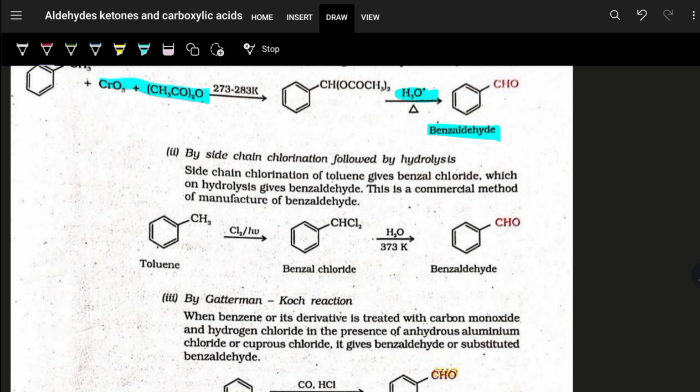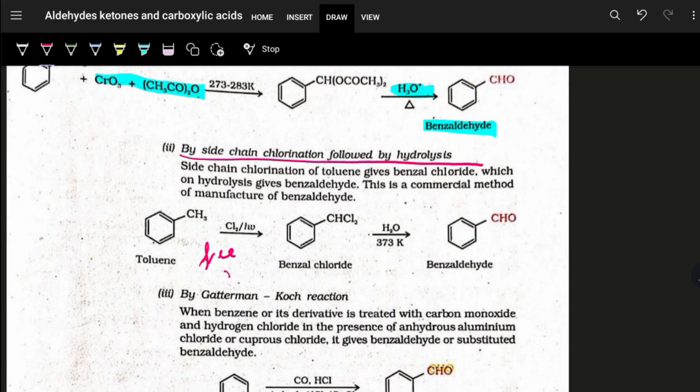By side chain chlorination followed by hydrolysis. This is a free radical method of halogenation where monochlorination takes place, because you are using 1 mole of Cl2 and here you replace 1 H by Cl. Again you use 2 mole.